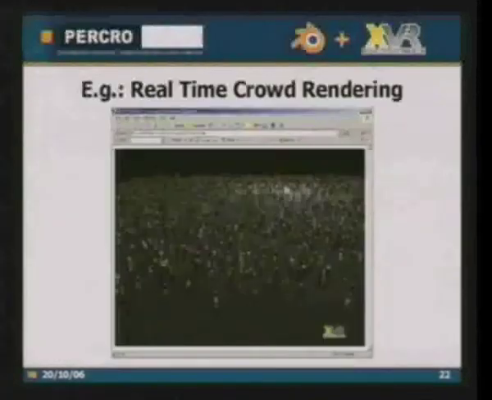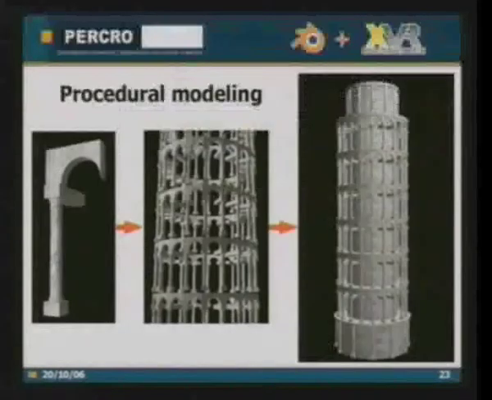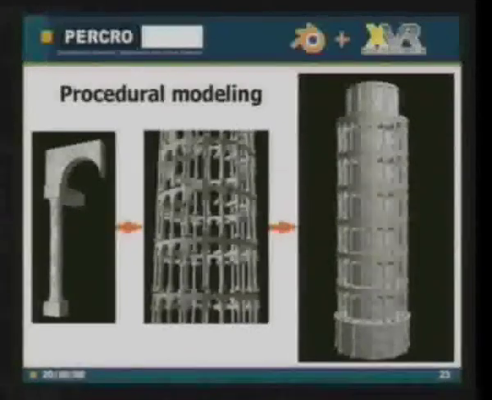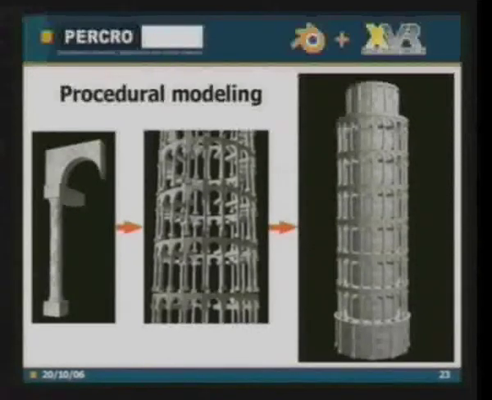This is very much used because we know we can't support everything natively, and so there is this possibility to just use an external DLL. And here's an example with real-time crowd rendering. A recent development is support for procedural modeling, so you can create procedurally just simple geometrical pieces and then join them together to obtain complex geometries with texture coordinates.